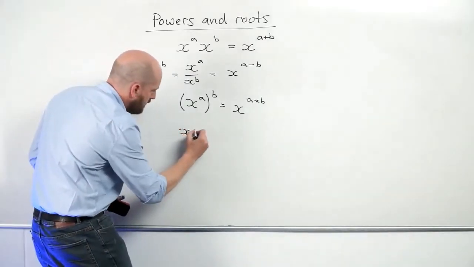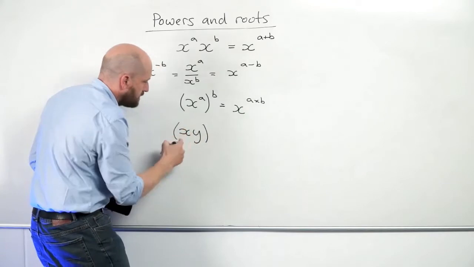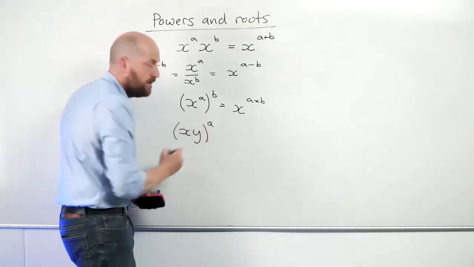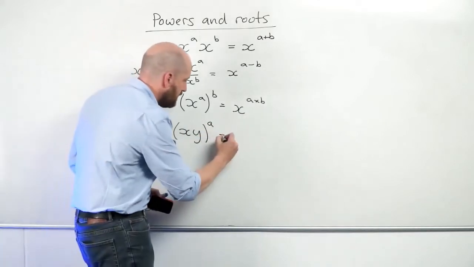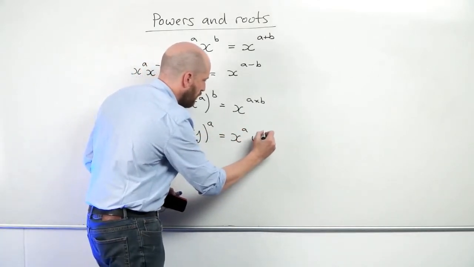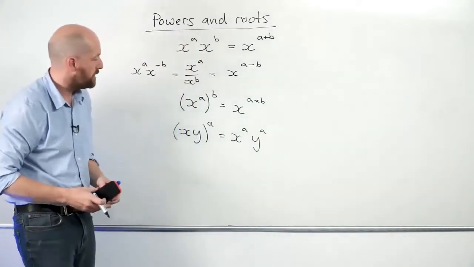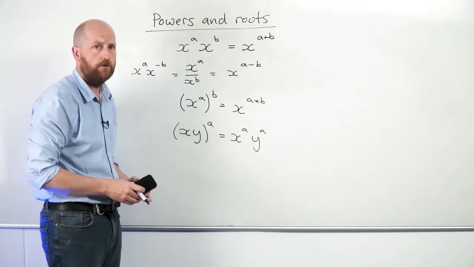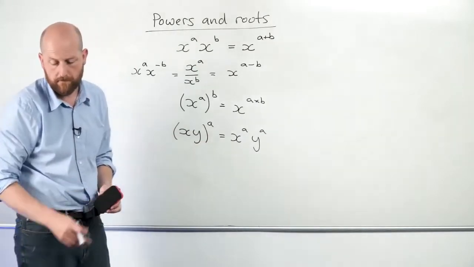Another expression, if I've got x multiplied by y and I want to raise that to a power a, then that's equivalent of saying x to the power a multiplied by y to the power a. So again, simplifying these kind of expressions will give us useful simplified mathematics.